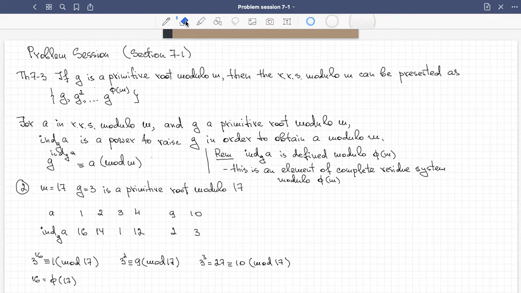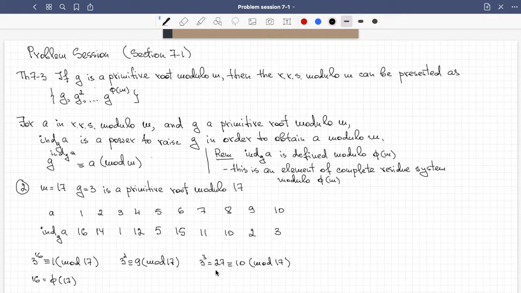Let me erase these entries and continue. 5, 5, 6, 15, 7, 11, 8, 10, 9, 2, 10, 3, the entries we produced here.